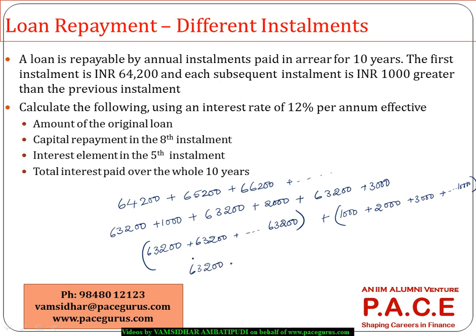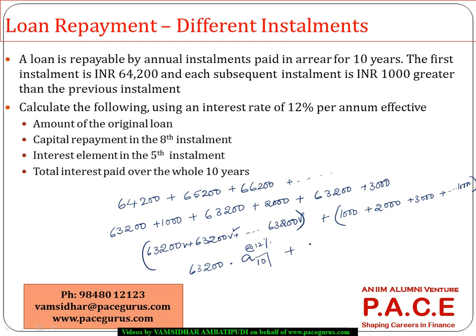If I want the present value of all these, for the 63,200 there is a v, v squared, up to v power 10. So this becomes v plus v squared plus up to v power 10, which is a_10 at the rate of 12%.